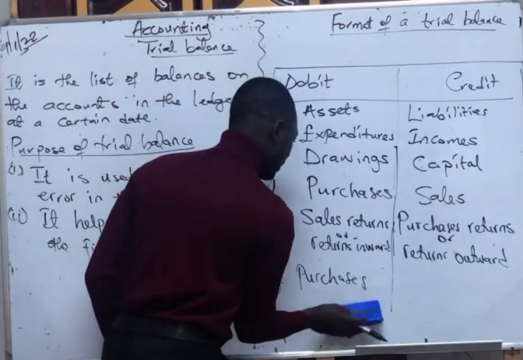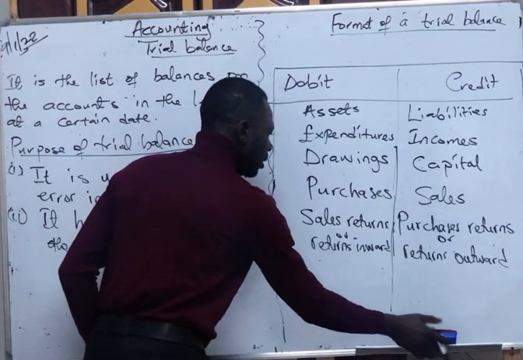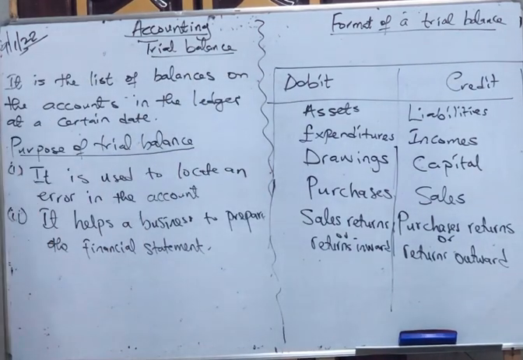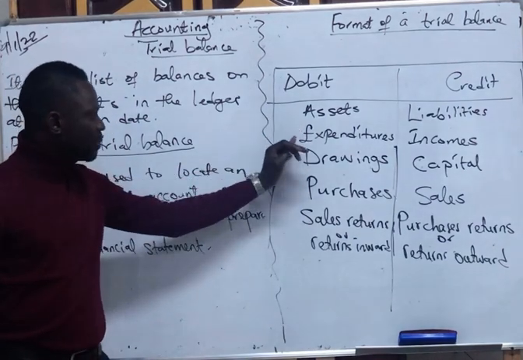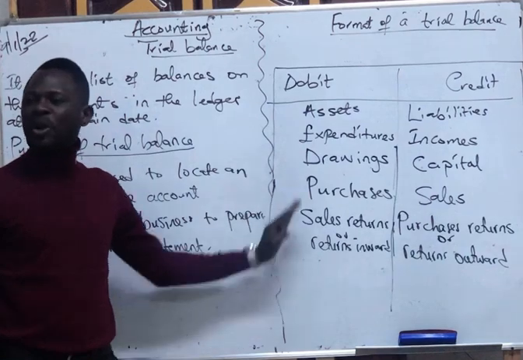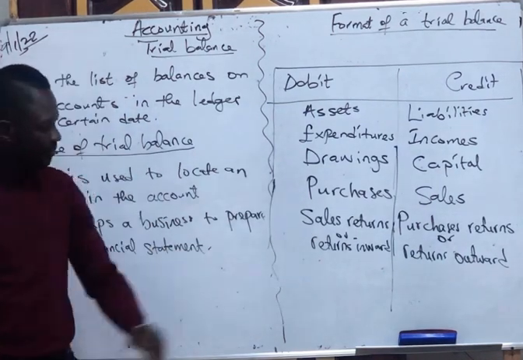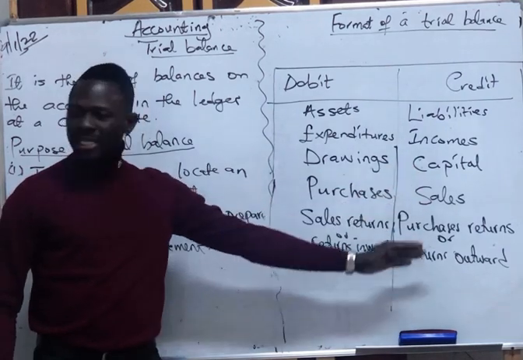Are you getting it? Yes. So, this is how you prepare your trial balance. Assets, expenditures, borrowings, purchases, sales returns will always be on the debit side of your trial balance. Liabilities, income, capital, sales, purchases returns will be where?